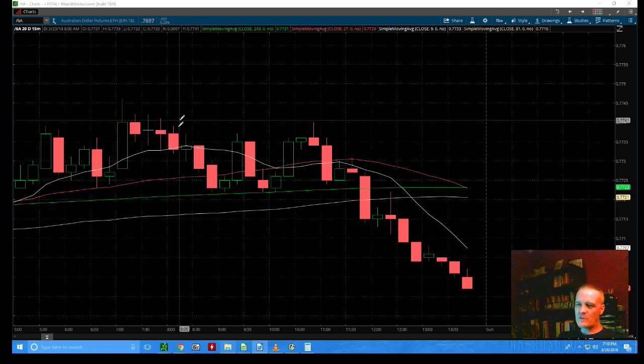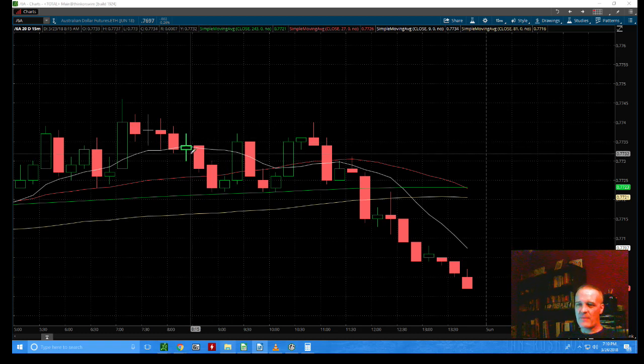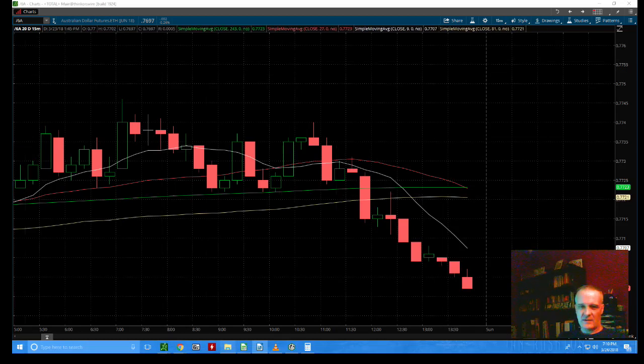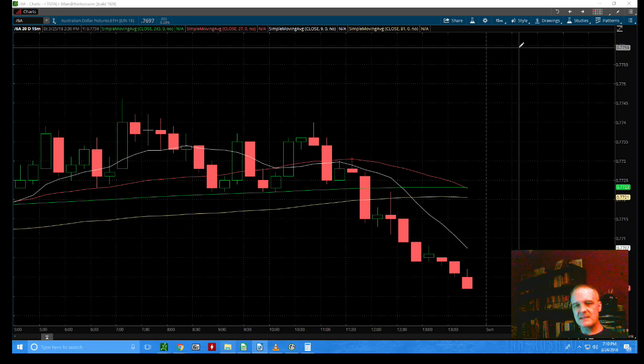Now you can also pick a moving average and then say when the price crosses above or below that moving average, that's going to be my entry or exit signal. A lot of times, especially when it comes to the indices, you'll hear, oh, the Dow Jones Industrial Average crossed below its 200-day moving average. That's a bearish signal.